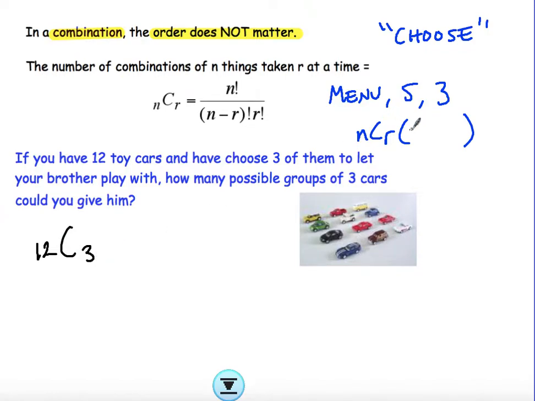When I go to type it in my calculator, I would do menu 5, 3, and then 12, comma, 3. And you're going to get 220 ways. There are 220 ways for me to scoop up 3 cars out of the 12 cars.